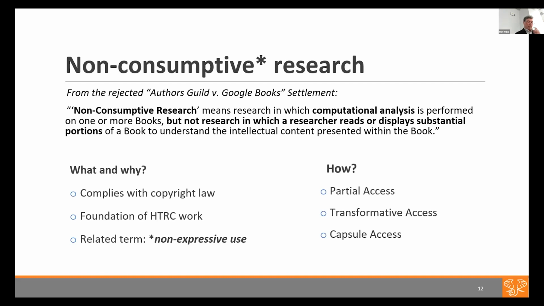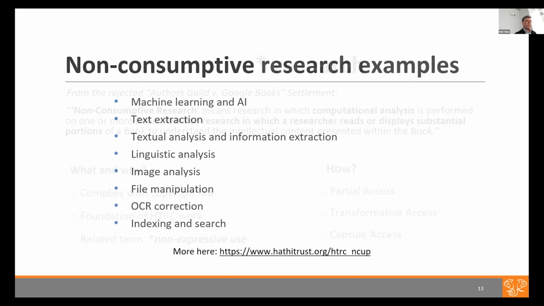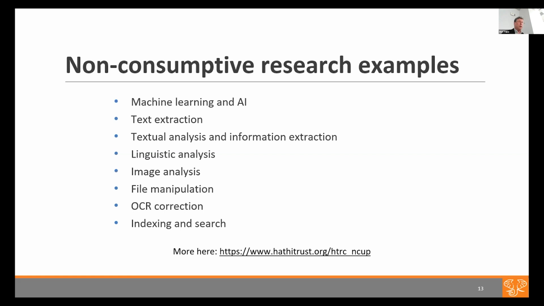And so we help researchers do machine learning and artificial intelligence against the collection, text extraction, textual analysis and information extraction, like named entity recognition, linguistic analyses, image analyses, OCR issues, correction, manipulation, indexing, and search, and so on. And there are some examples at that URL if you're interested.